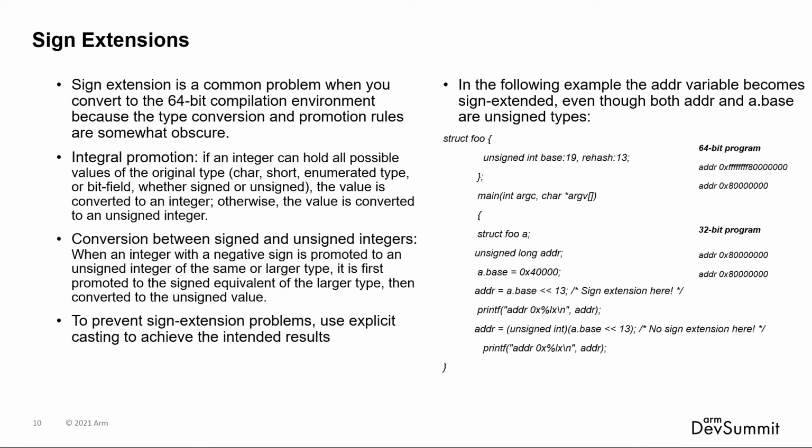However, when compiled as a 32-bit program, the size of an unsigned long is the same as the size of an int, so there's no sign extension, so both representations of the variable print out the same as hex 80000000.